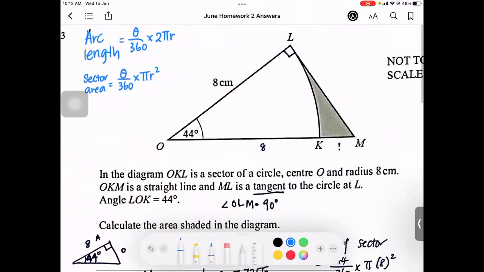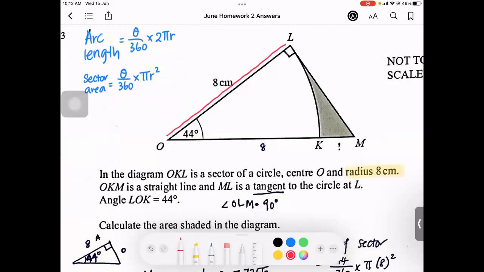Okay, center O, radius is 8 cm. Now this keyword here, whenever you have radius, the question can become tricky. There are a lot of common mistakes students might make. First thing, where is the radius? This is 8, right? Where else is the radius?